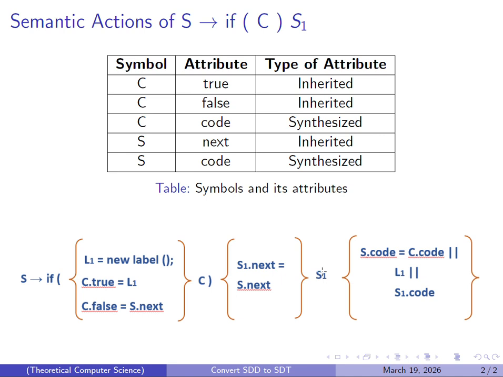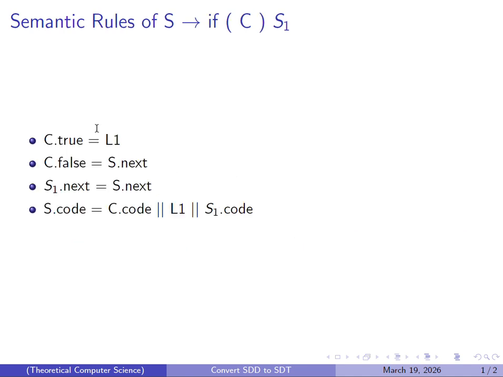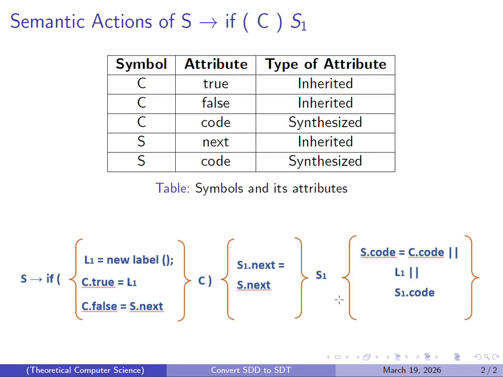Now we are looking at the synthesized attribute. So now there is one synthesized attribute in these particular rules, that is S dot code. So that one is going to be written at the end of the right hand side. So all synthesized attributes should be written after the entire production is given.